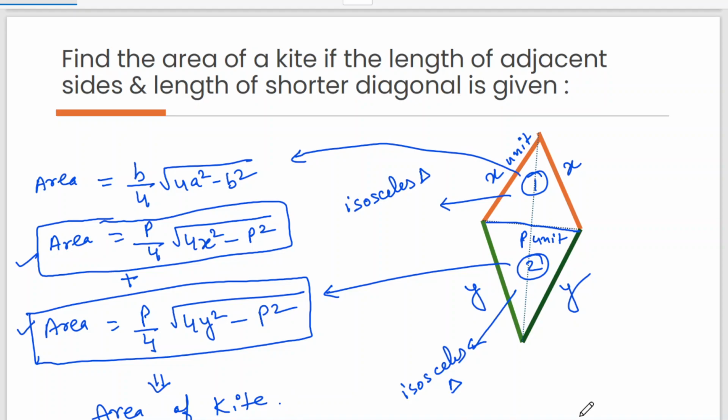So in this way, you can find the area of a kite if the length of the adjacent sides and the length of the shorter diagonal is given. That means you can use the concept of the isosceles triangle: you find the area of both the isosceles triangles separately and then add them up to find the area of the kite.